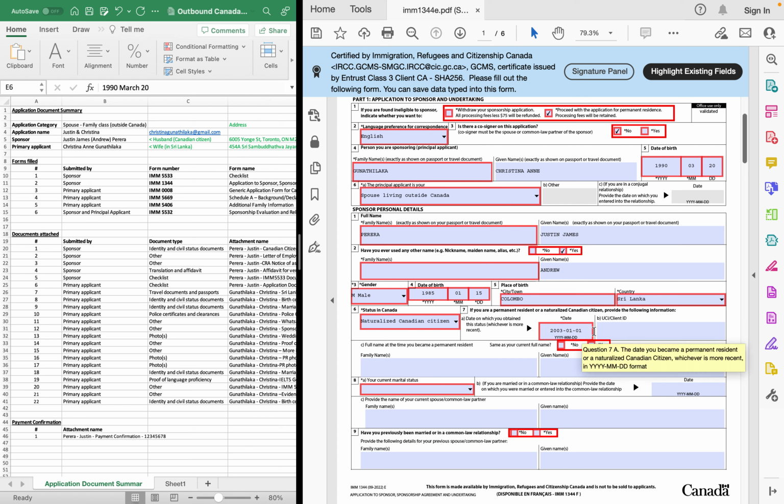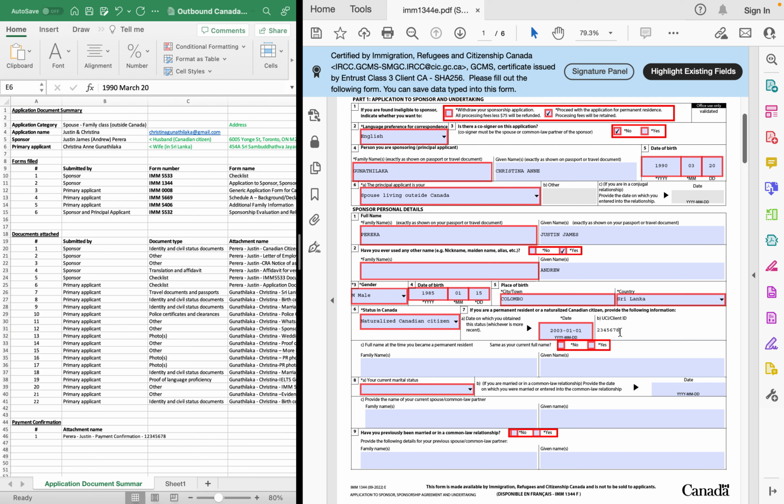Okay, and then note that every person has a UCI number. We'll give a number for it. If you are filling this form, make sure you check that person's UCI number and put the correct one. Definitely they should know it.